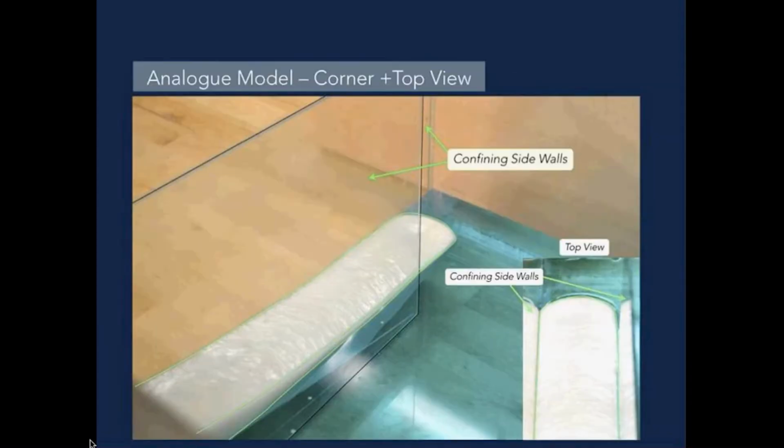To give you an angled corner view, again, you have the fluid flowing down the ramp, and I've outlined the edge of the ice sheet, ice shelf system in green. And if we look at the bottom right-hand corner, the top view, you can see the two confining sidewalls that are similar to how most ice shelves would flow in nature.